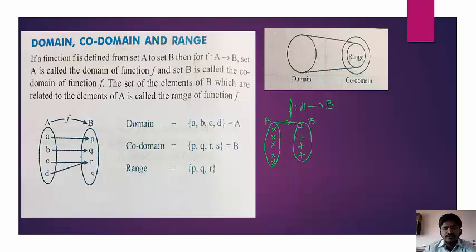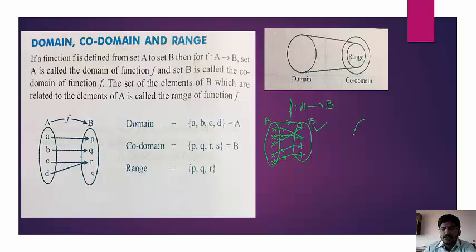That means the first element should have a unique image, the second element should have a unique image, the third element, the fourth element, and the fifth element must also have a unique image. All are having unique images from set A to set B. Therefore, this is called a function.